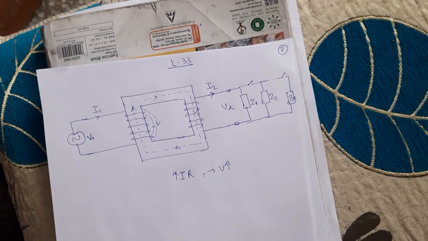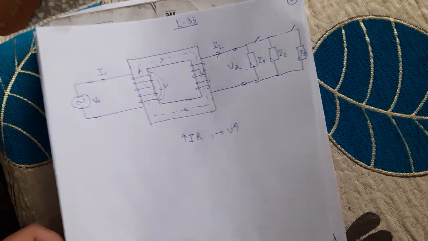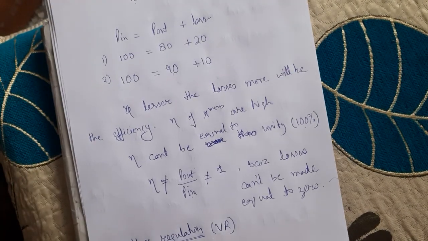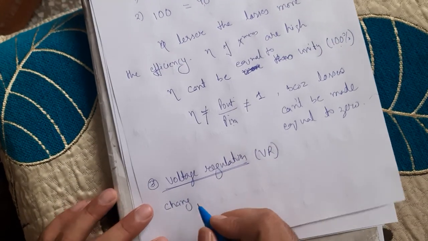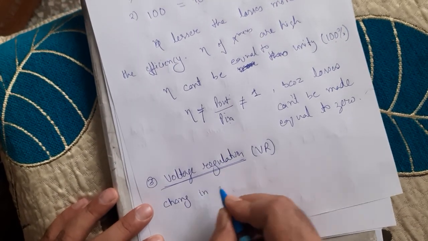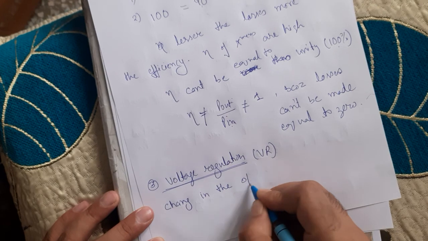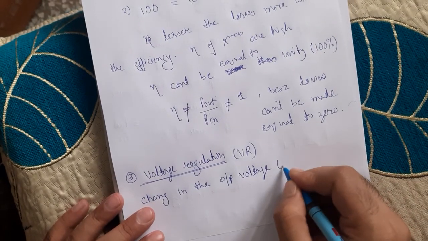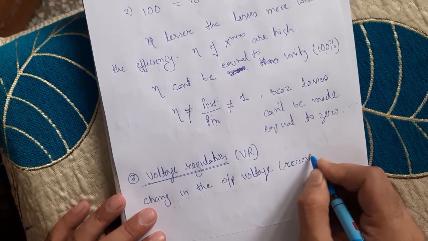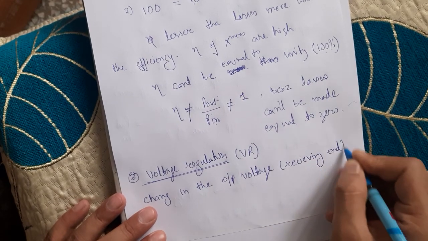Okay, so what is voltage regulation? Voltage regulation is nothing but the change in the output voltage. Output voltage means receiving end voltage.